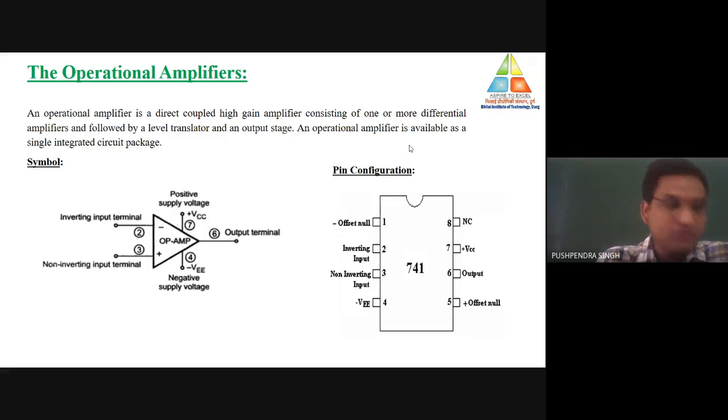Operational amplifier is also known as op amp. If we go to the history of the operational amplifier, it came into existence in the year 1940, and the first operational amplifier was designed in the year 1948. At that time, the operational amplifier was basically used in analog computers, where its basic work was mathematical operations like addition, subtraction, multiplication, and division.